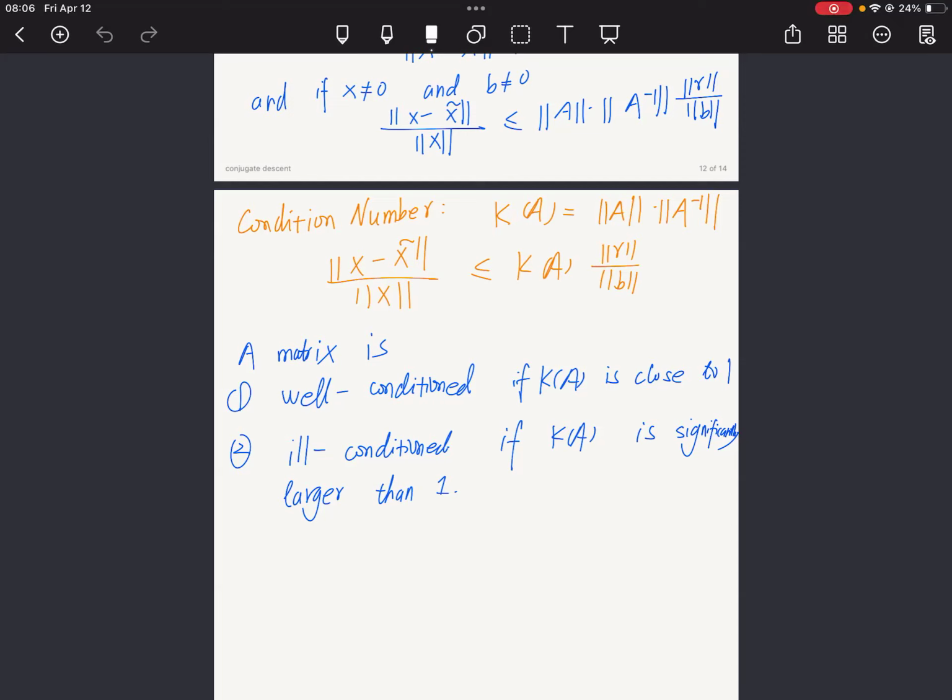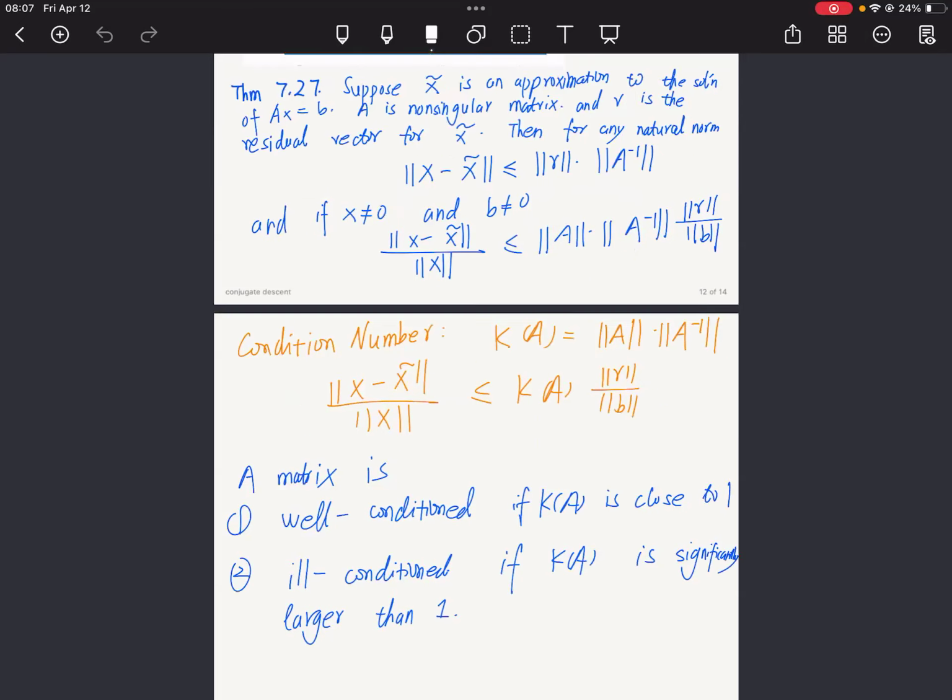So if the condition number is close to 1, then we are safe to use the residue to estimate the relative error. If the condition number is significantly larger than 1, in that case, we cannot use the residue to estimate the relative error.